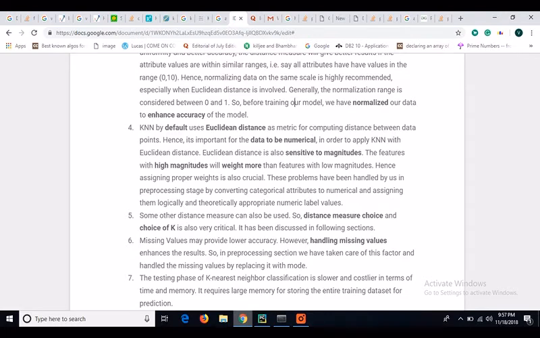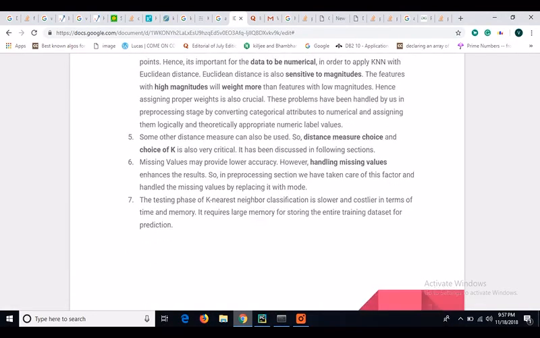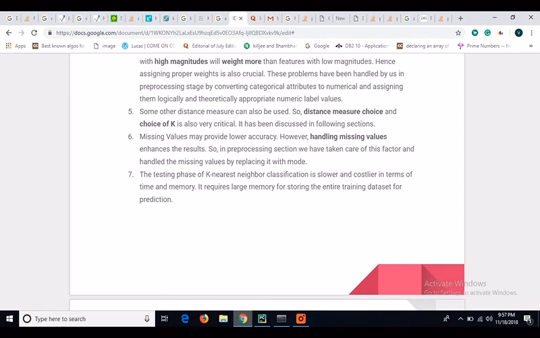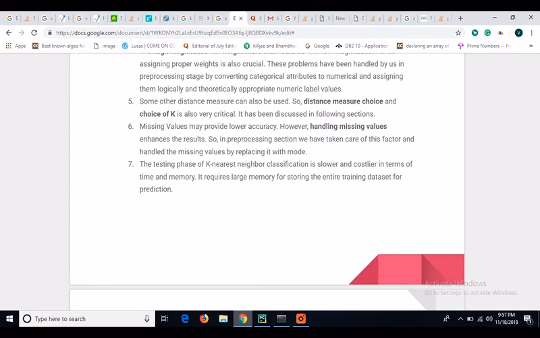So if the magnitudes of two columns are highly different, it will affect the accuracy. Similarly, handling missing values is also an important part of enhancing the accuracy of the model, so we have handled the missing values also.